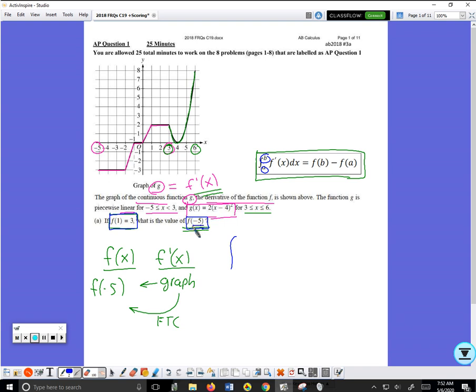So I'm going to integrate from -5 to 1. I'm going to integrate f prime. That must equal f of 1 subtract f of -5.